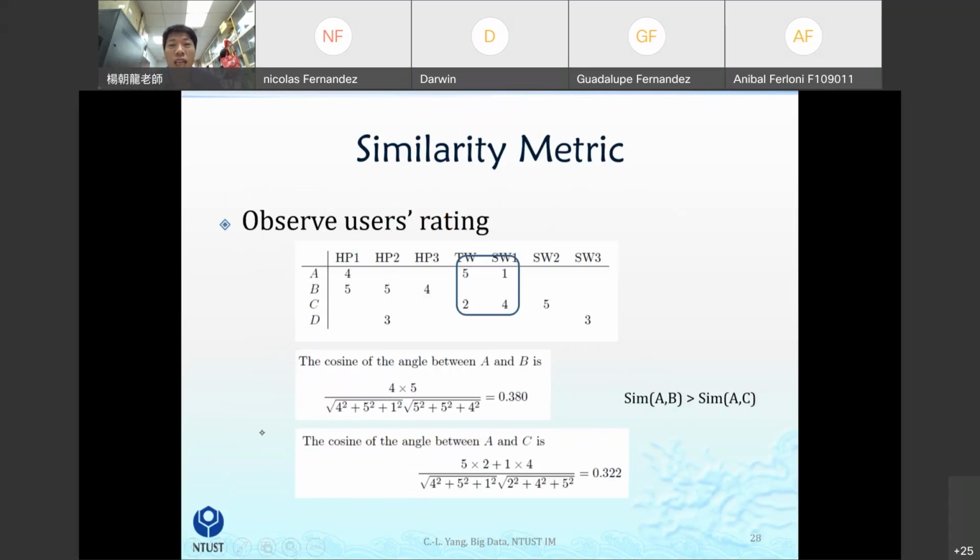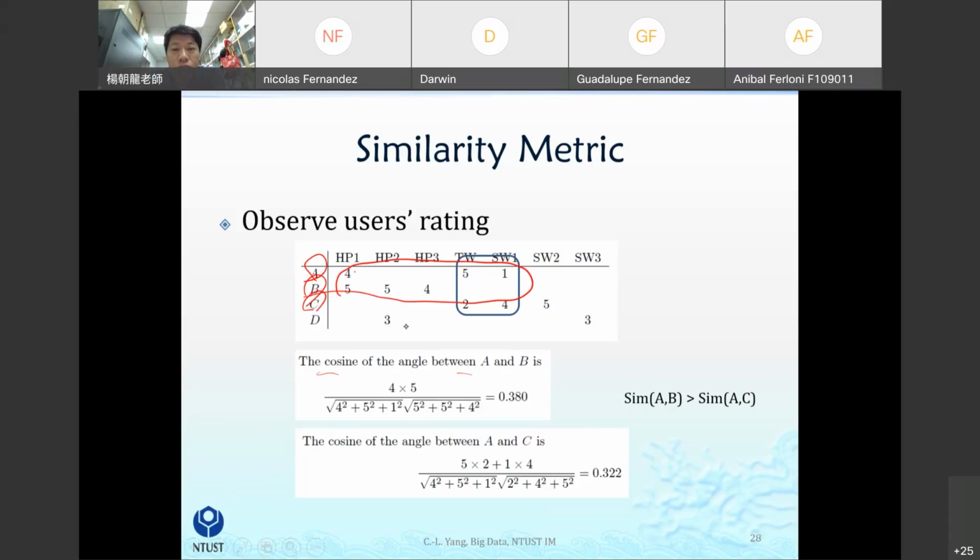Here, that's the rating I just showed you before, right? So now we are able to use it, for example, for A and C, or A and B. We want to calculate the cosine of the angle between A and B. So A and B is this one and this one, right?